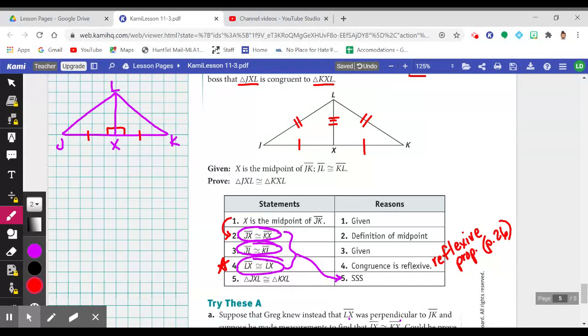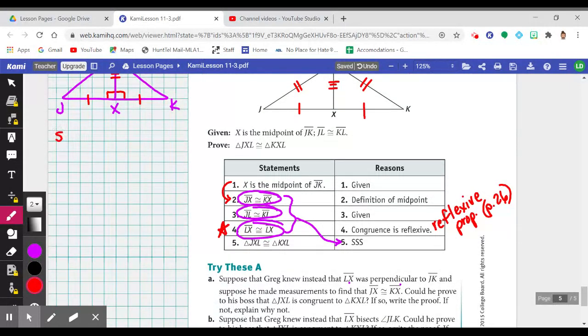And we also know, just like we used on this last proof, that LX is congruent to itself, as crazy as it is. So we actually have 2 pairs of sides congruent and the included angle. So we should be using side angle side here. So let's now draw up our 2-column proof. Statements on the left, reasons on the right.